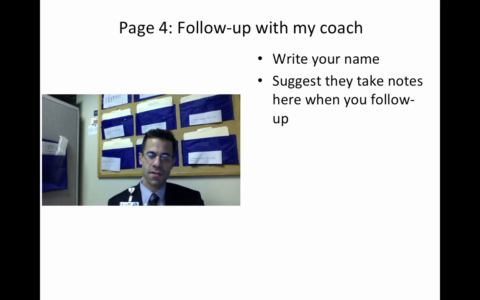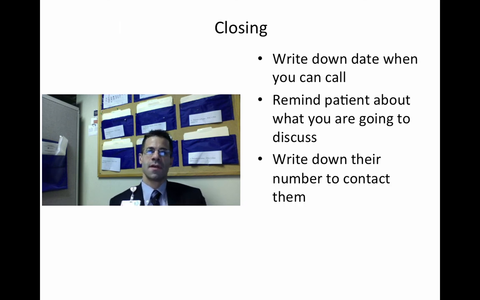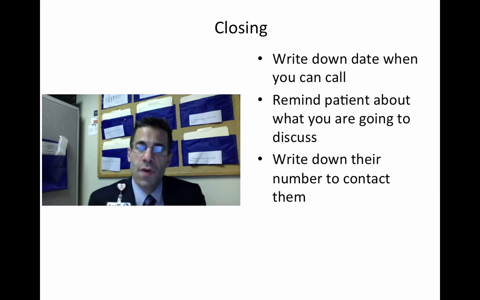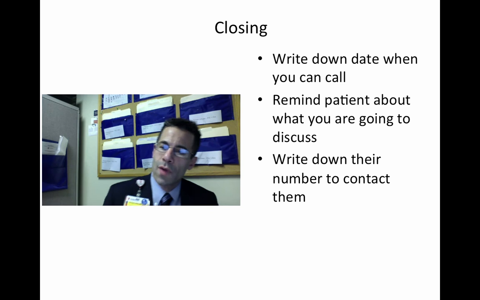On the final page, you're going to put your name and say to them, you can take notes when I follow up with you, of the date we talked and what we discussed, and if we set any more goals, you can write them down there. When you close with them, you want to write down when you can call.